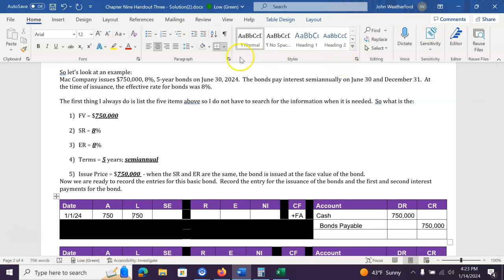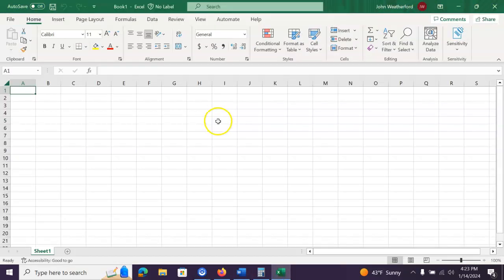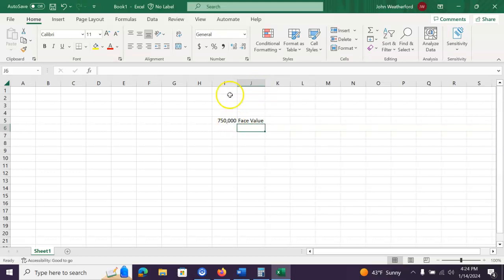Now they were issued on June 30th, 2024. So the next date associated with the bonds would be the interest payment on December 31st. Well, to get that amount, we'll say $750,000 face value. I'm going to try to make myself use face value instead of face amount. Anyway, we'll multiply that times half the stated rate.